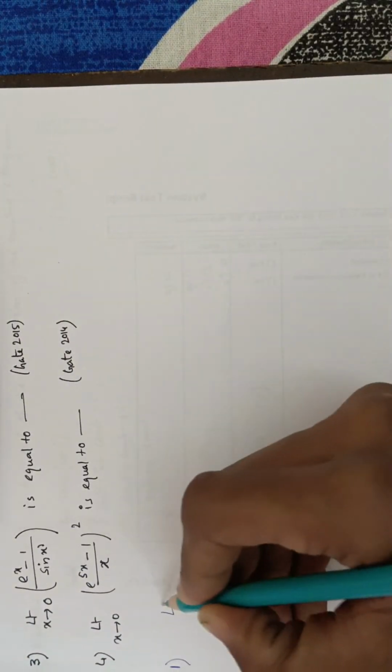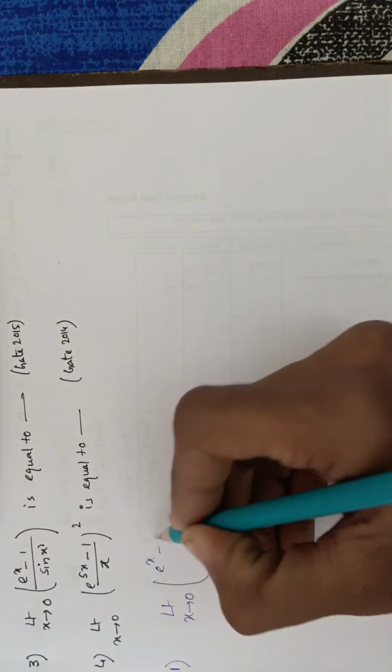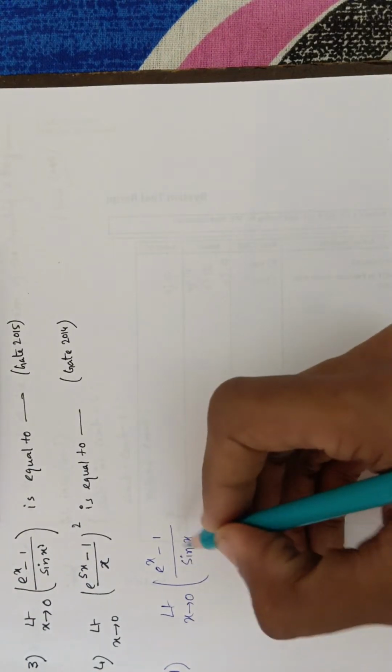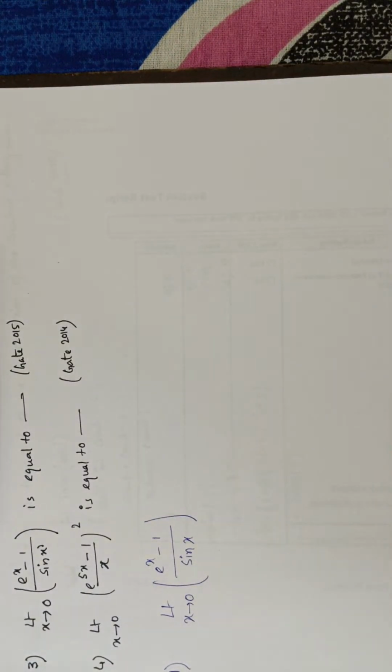The first question is given as the limit x tending to 0 of e to the power x minus 1 upon sin x, sorry, sin x cube. So this is the question.